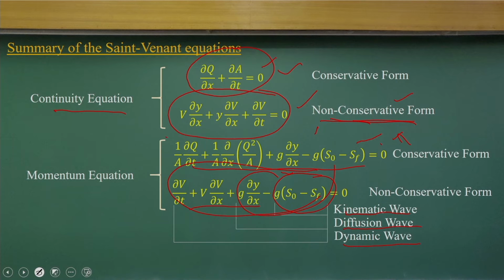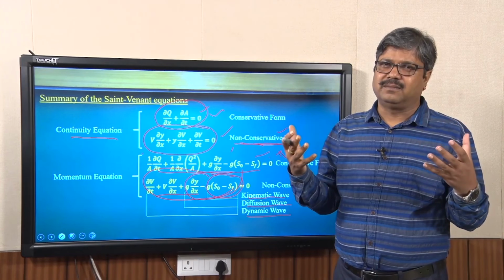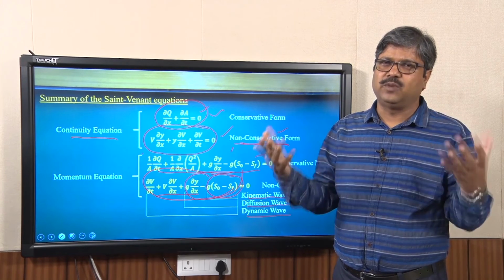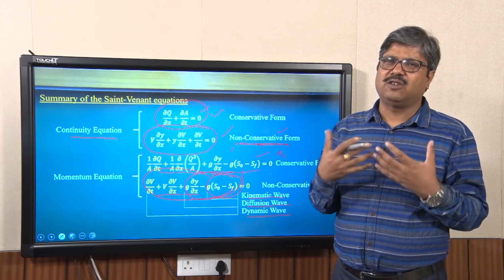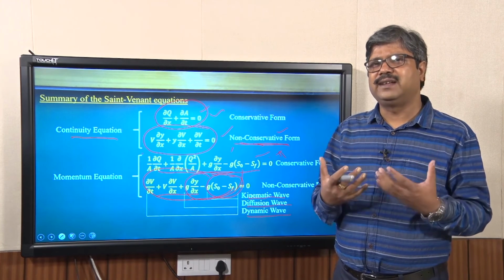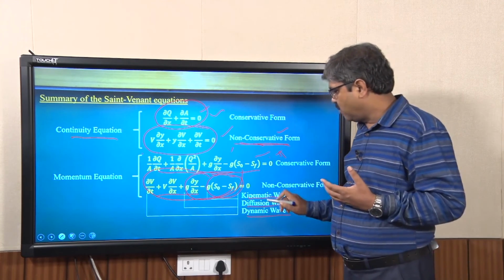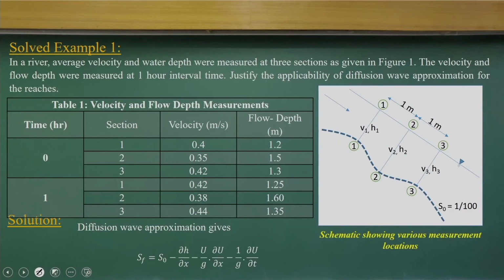But as I said, it is not possible to solve these equations mathematically, because getting the flow geometry data, channel geometry data and flow resistance is not easy for natural rivers. That's the reason we make certain approximations like the kinematic wave model, diffusion wave model, or the dynamic wave model. Now let us come to the solutions of example problems.